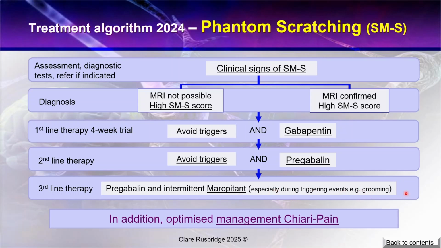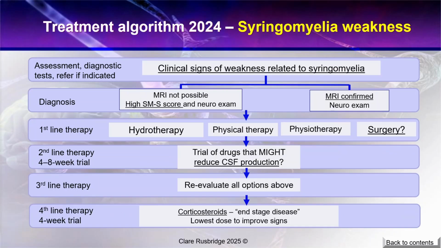So for example, if a dog gets very distressed with grooming, then you will give maropitant at a high dose just before that grooming. But also you have to manage their Chiari pain, because dogs with phantom scratching typically, 99 out of 100 cases, will also have severe Chiari pain. So everything in the previous slide also applies.